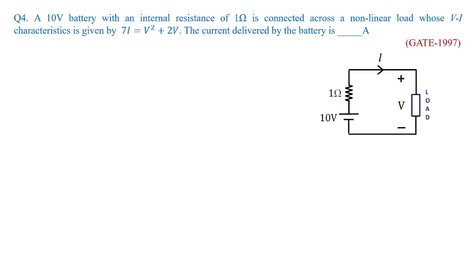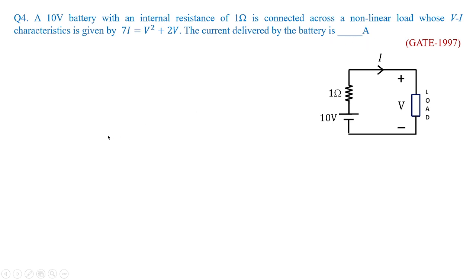Now in figure 4, and in the problem 4, we have a 10 volts battery with an internal resistance of 1 ohm connected across a nonlinear load whose VI characteristic is given by 7I equal to V square plus 2V. The current delivered by the battery is dash amperes.